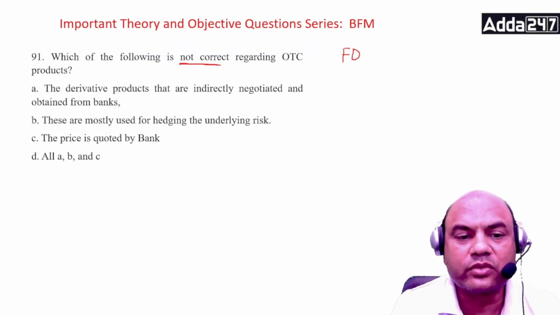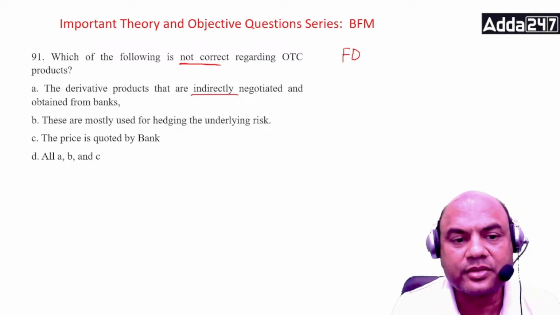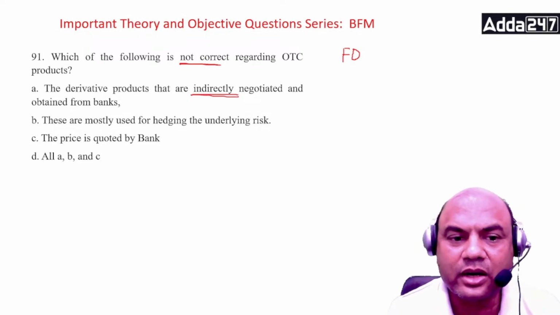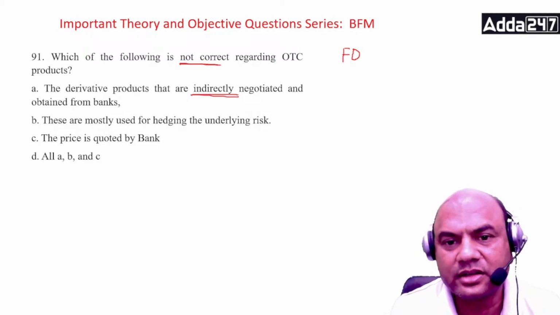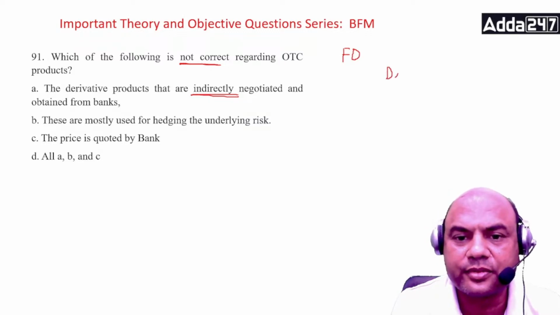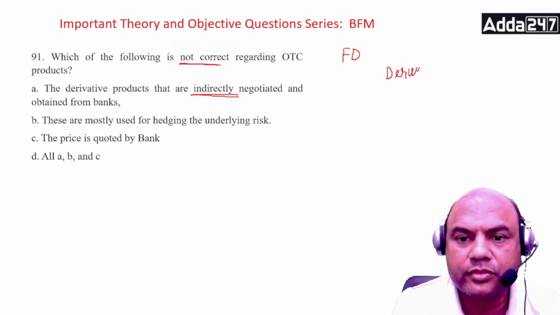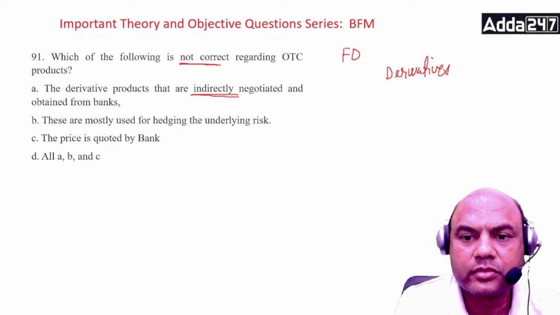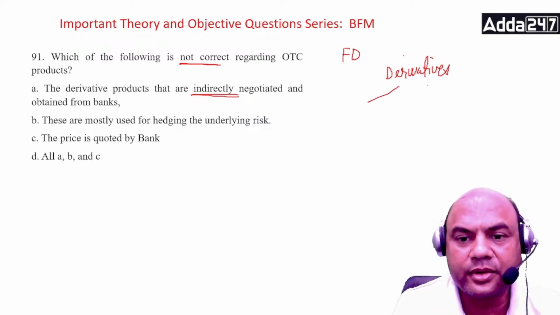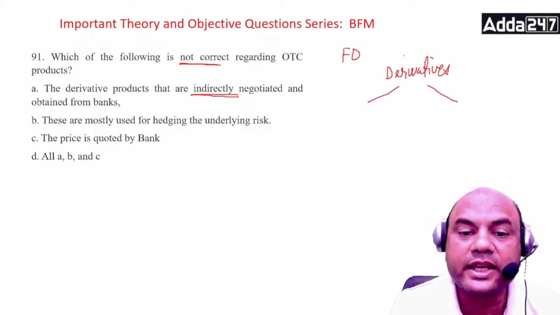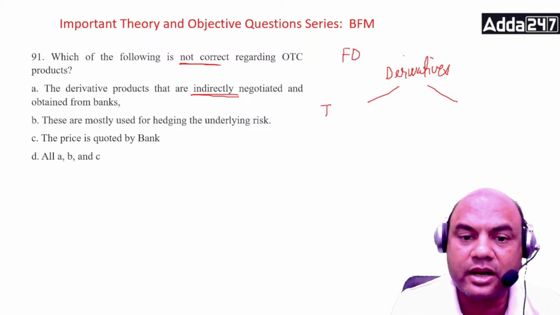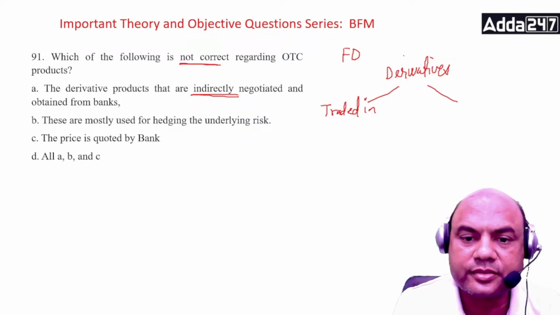Indirectly negotiated. What do you mean by indirectly negotiated? Here, there are two types of derivatives. Okay, derivatives are of two types. One is traded in the exchange. Exchange means traded. I'll write it. Traded in exchange.